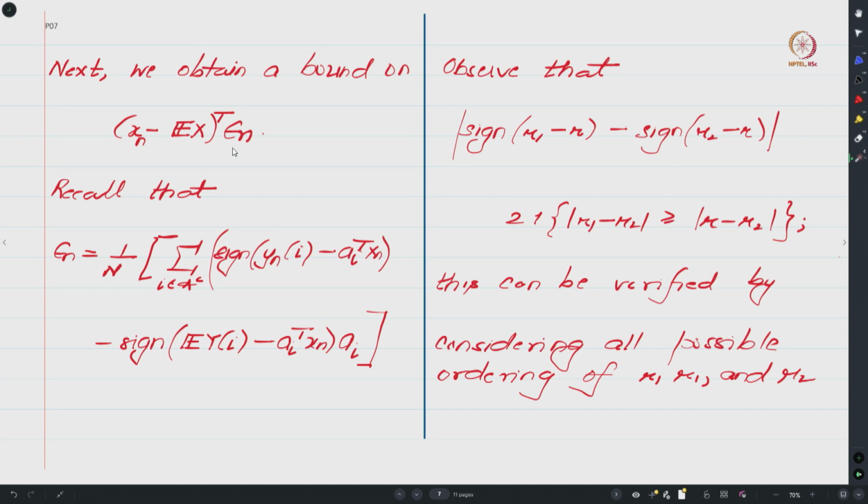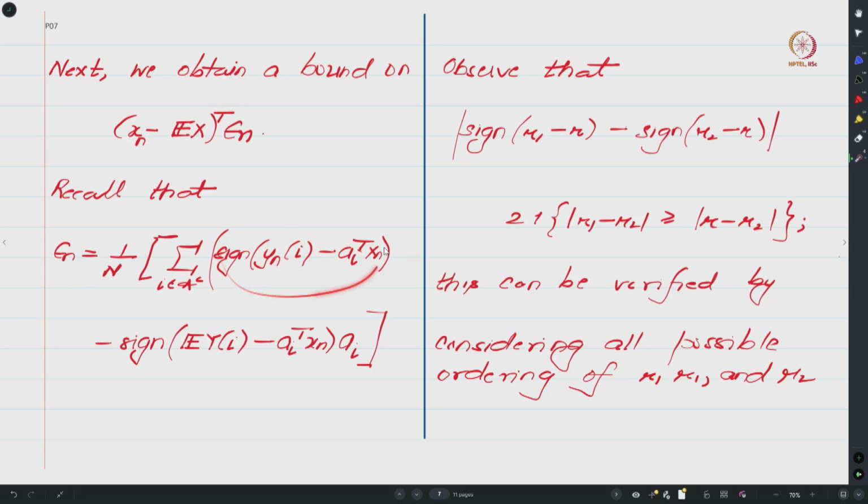Now towards obtaining a bound on this, first let us recall the description of epsilon n. So epsilon n, recall, is 1 over n times the sum of differences of signs. In particular, this sign included the idealized expected value of y, and this included what we have at time n.